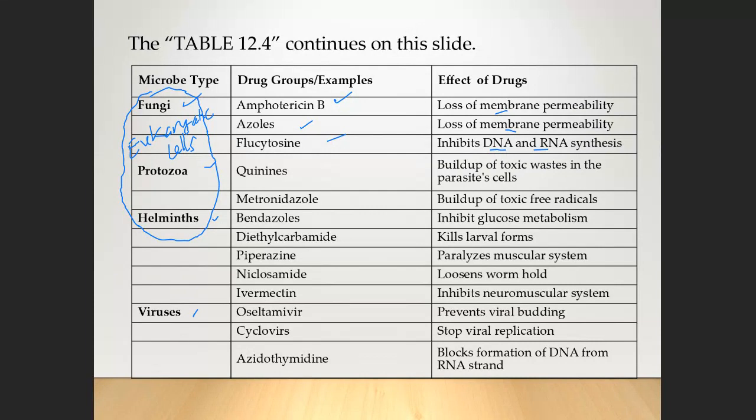For protozoa like malaria, for example, quinones, or metronidazoles. For helminths, bendazole, diethylcarbamazine, piperazine, niclosamide, ivermectin. This is for helminths or worm infection.